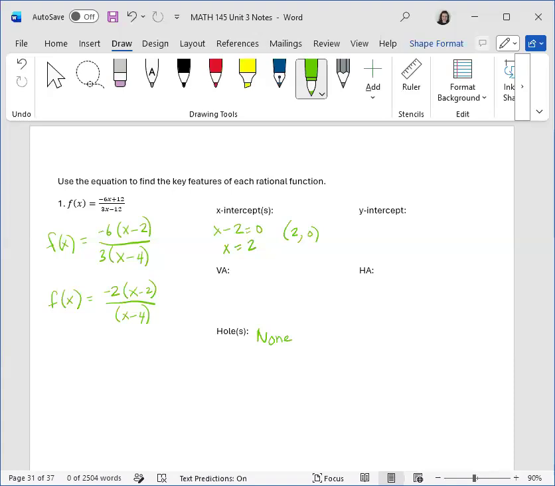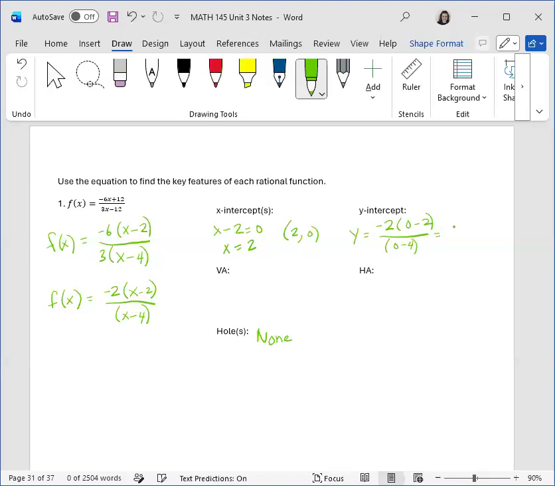To find the y-intercept, we substitute 0 in for x and then solve. So again, it doesn't matter if I use the numerator or the denominator function. I'm going to use the simplified version, but substituting 0 in for x would say negative 2 times 0 minus 2, divided by 0 minus 4.